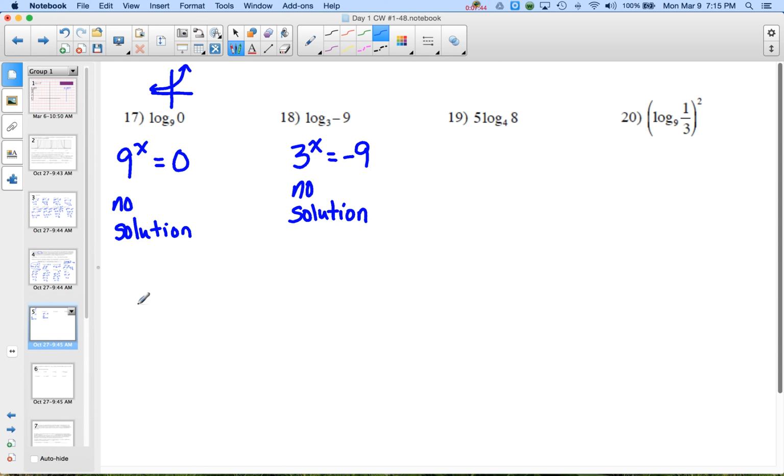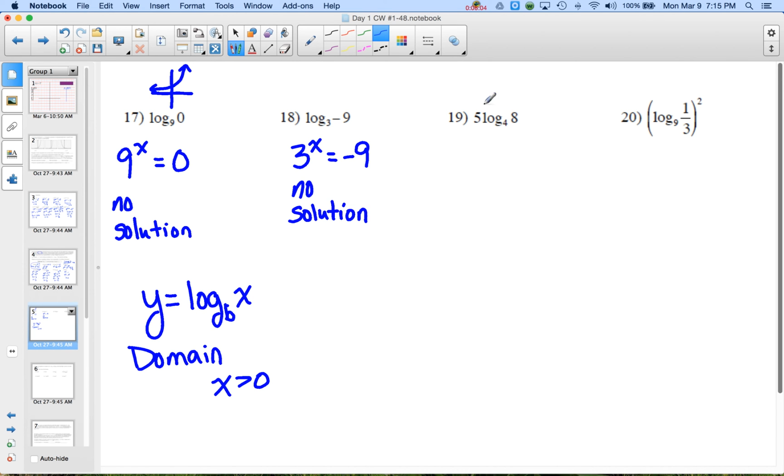If you have y equals log base b of x, the domain of a log function is x is greater than 0. It can't be 0 and it can't be negative. So these two would produce no solution.